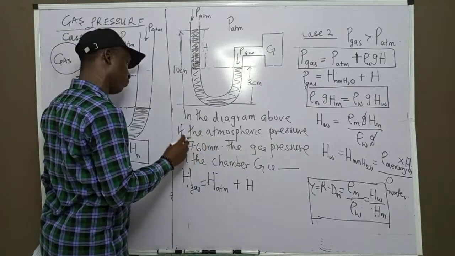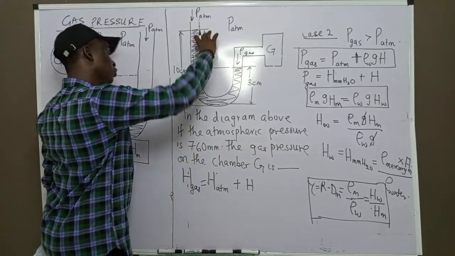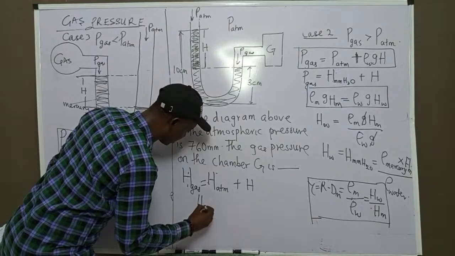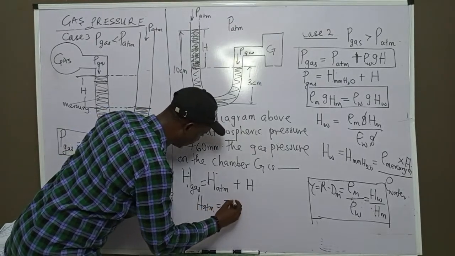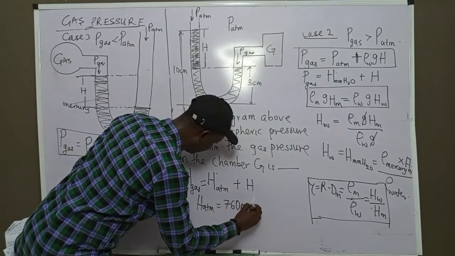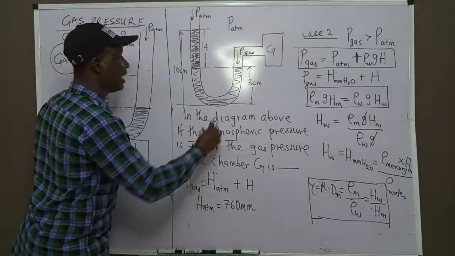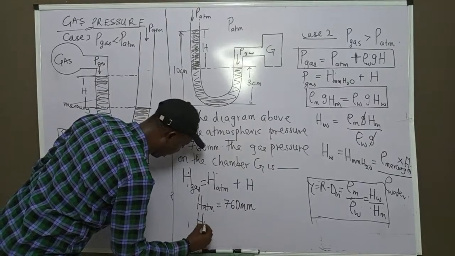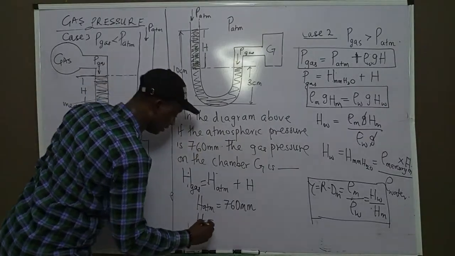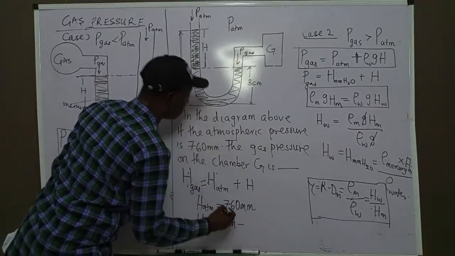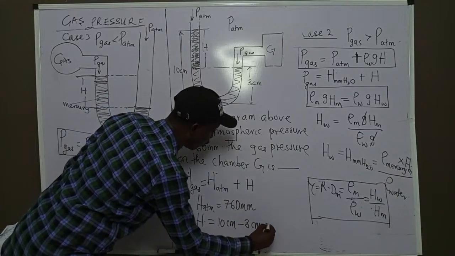h will now be 7 from what we are seeing. Don't forget that the atmospheric pressure is equal to 760 millimeter. Now h should be equal to 10 centimeter minus 3 centimeter. How do I know?